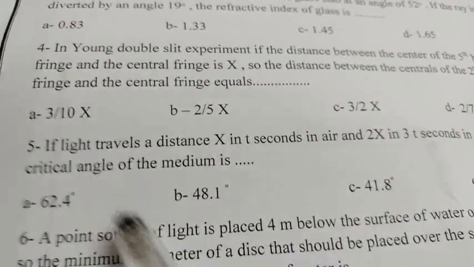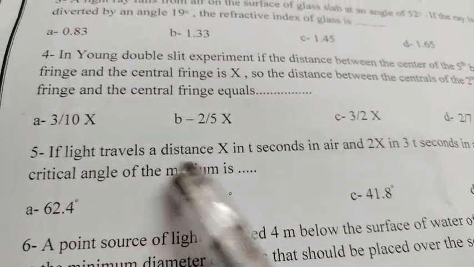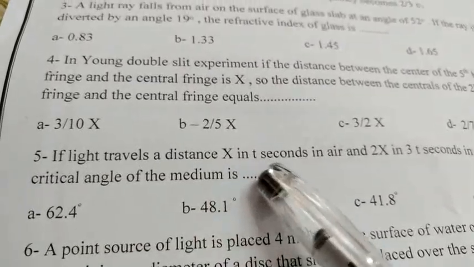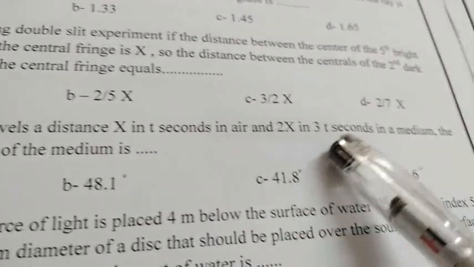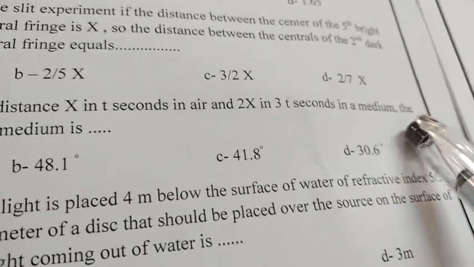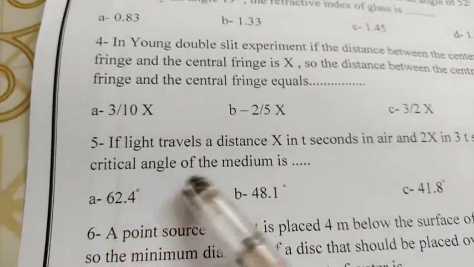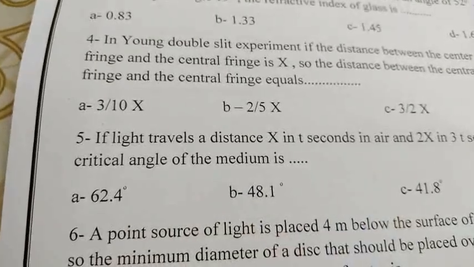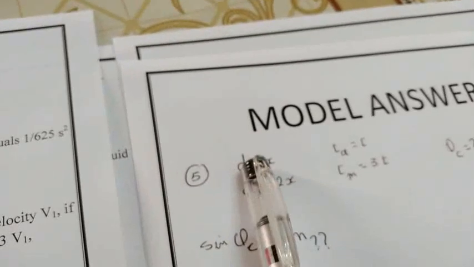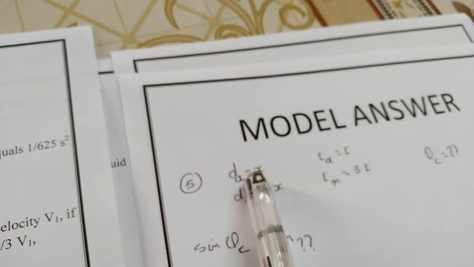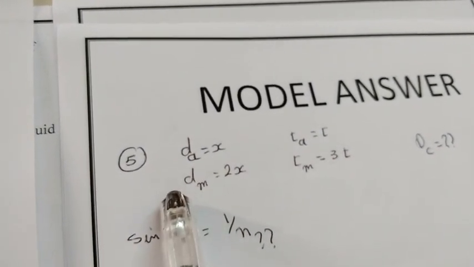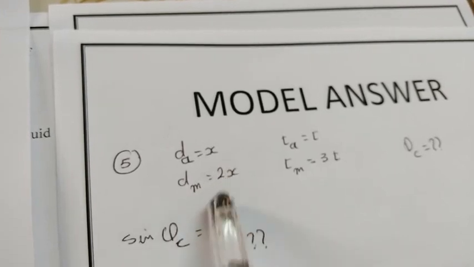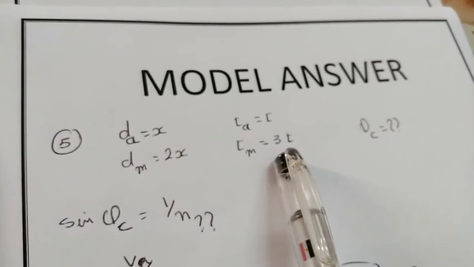Number 5. If light travels a distance x in t seconds in air and 2x in 3t seconds in a medium, the critical angle of the medium is what? Okay, so distance through air is x and time through air is t, while distance through the medium is 2x and time through the medium equals 3t.